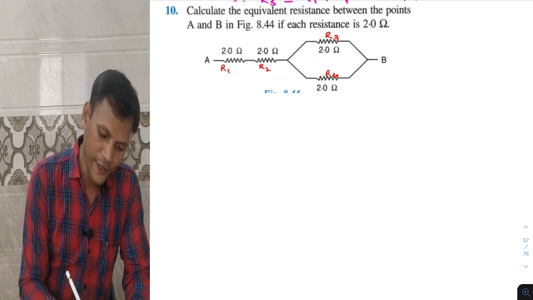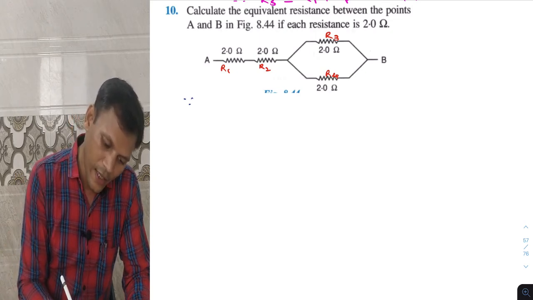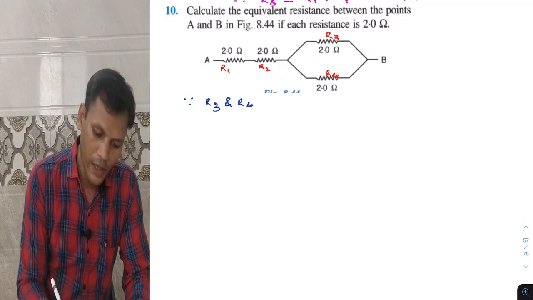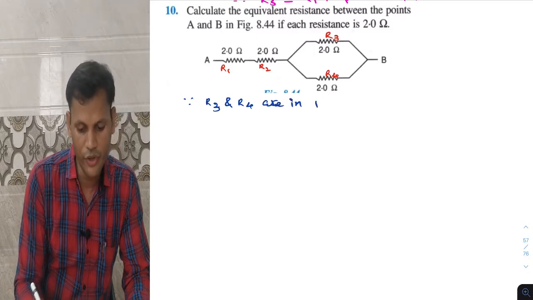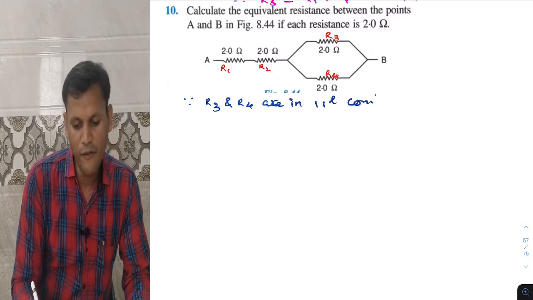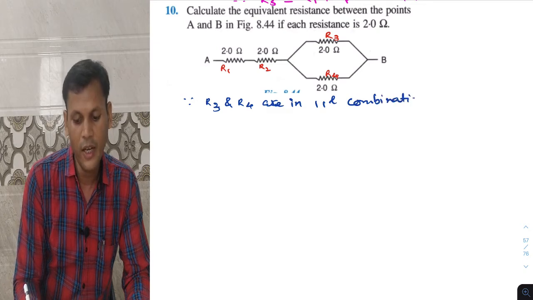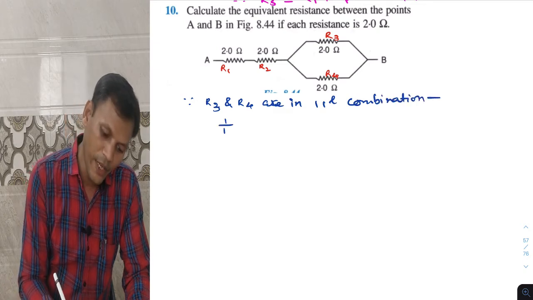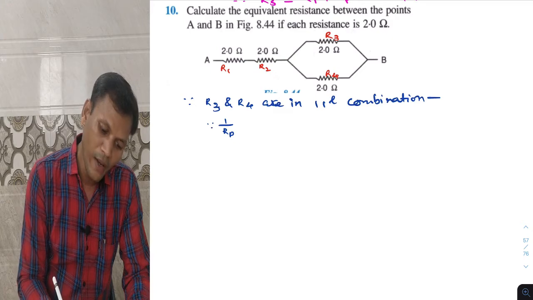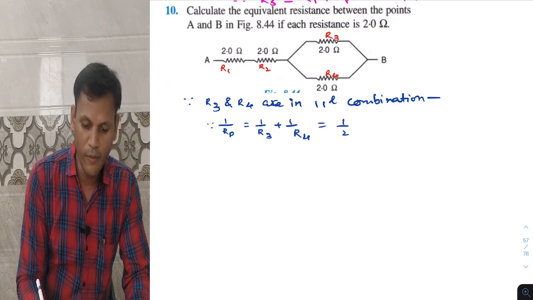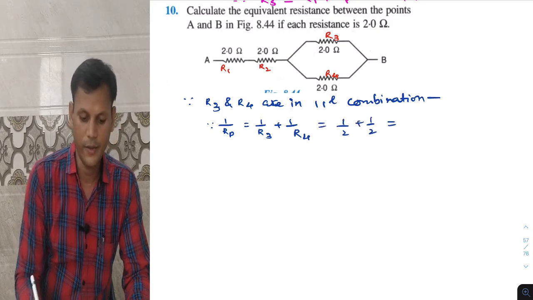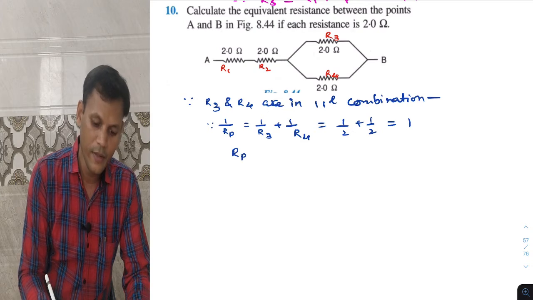Since R3 and R4 are in parallel combination, 1 upon Rp is equal to 1 upon R3 plus 1 upon R4. So 1 upon 2 plus 1 upon 2 will be 1. So Rp becomes 1 ohm.